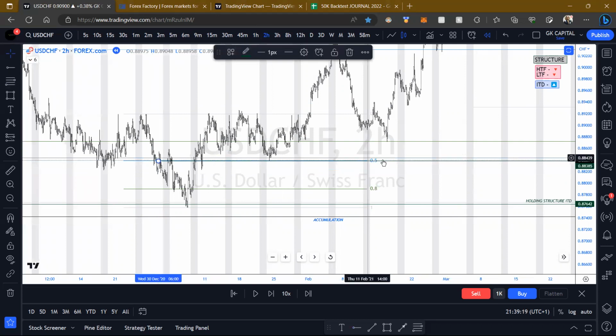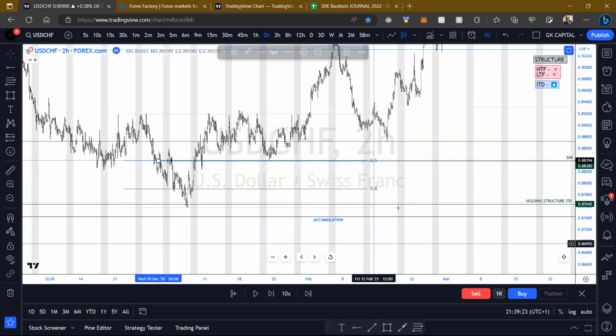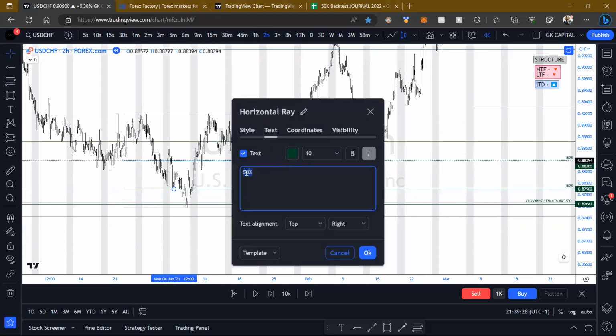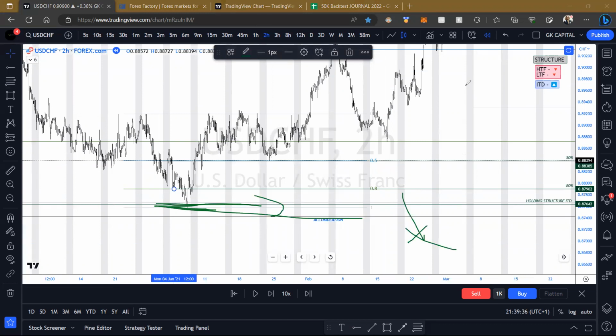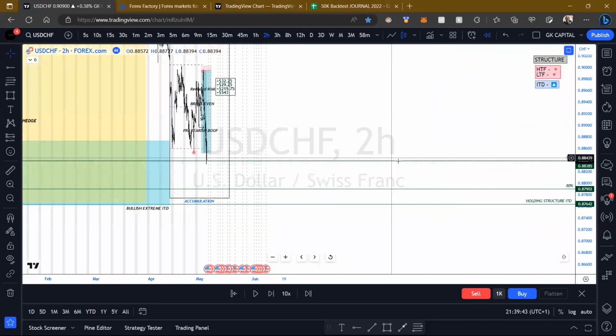So this is our 50. And this is our 80. That's pretty much it now, right? This is it. Like this is if the price does that, then that's it. It's just bearish all across the board. So that's it. That 50 and that 80 is the last.